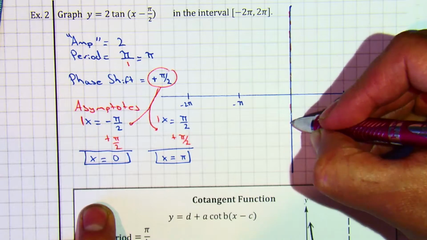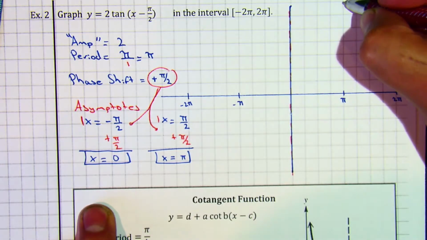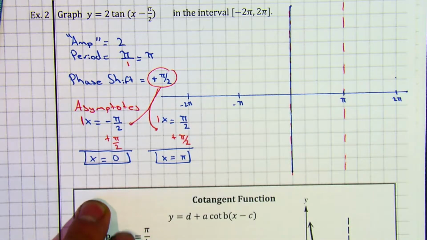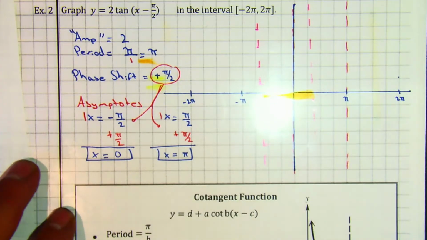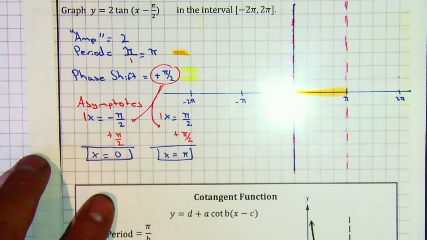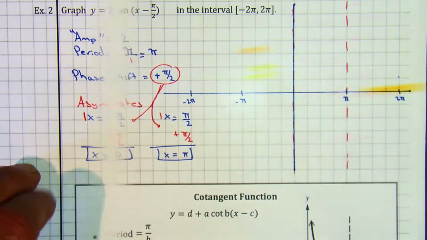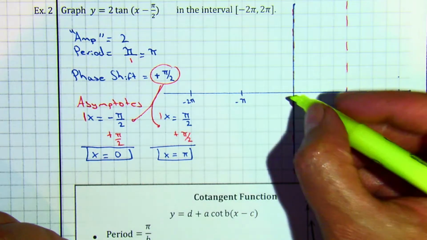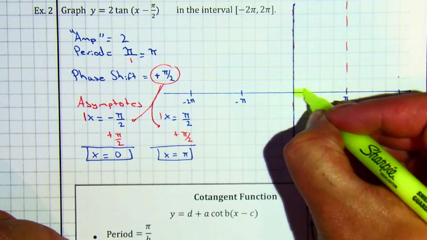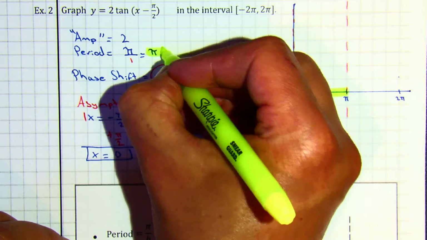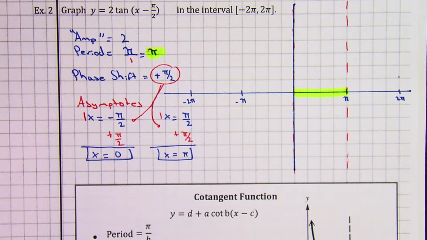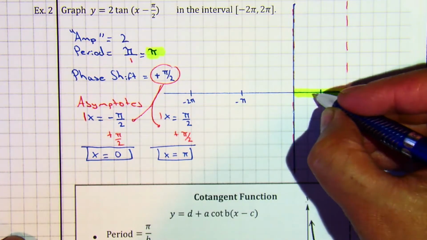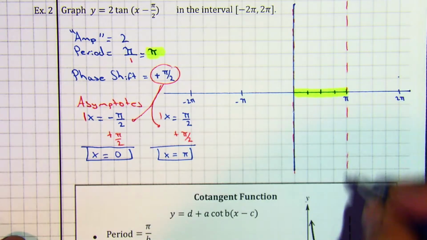So here's 0, and here's pi. It used to be here, but now it got shifted to the right pi over 2. And now I'm going to go through the same process. I'm going to highlight my period, which should match my period, and it does. I'm going to divide it into 4 sections, half, half, and half.